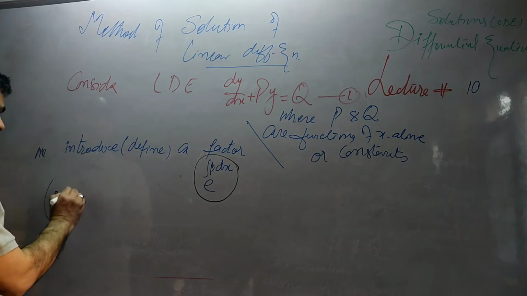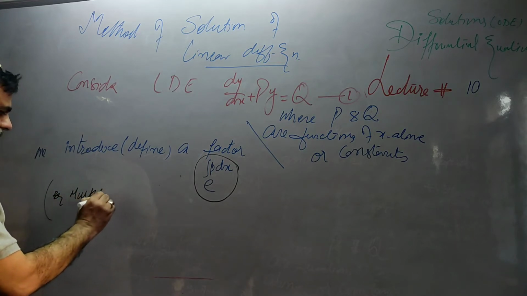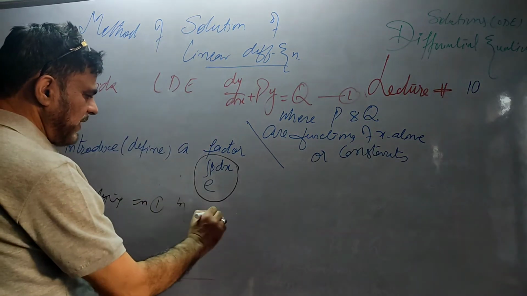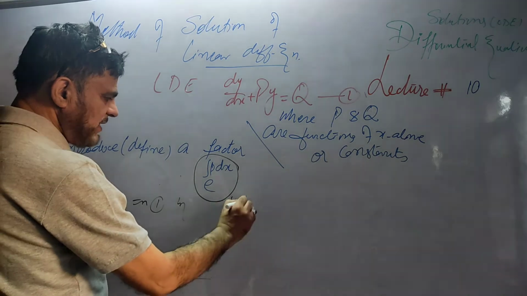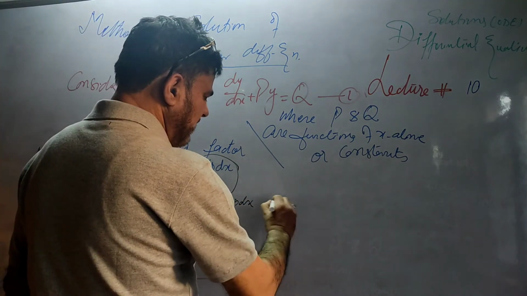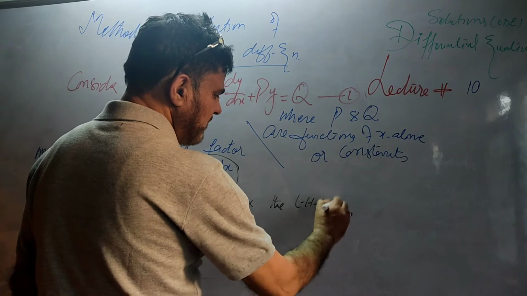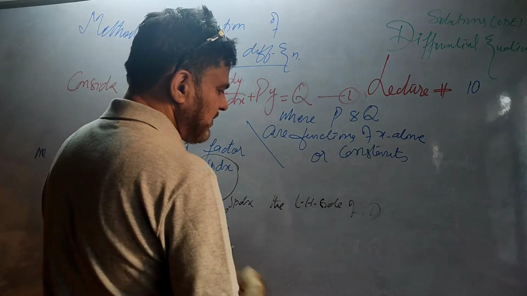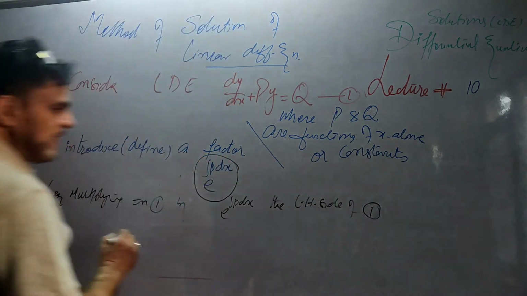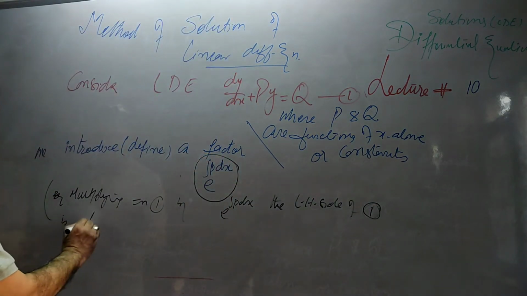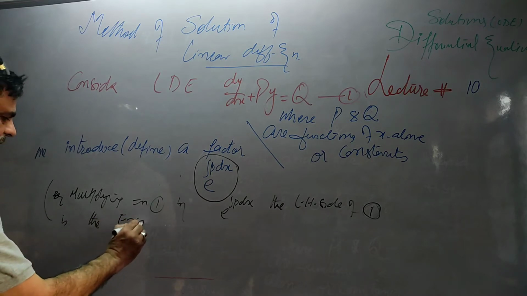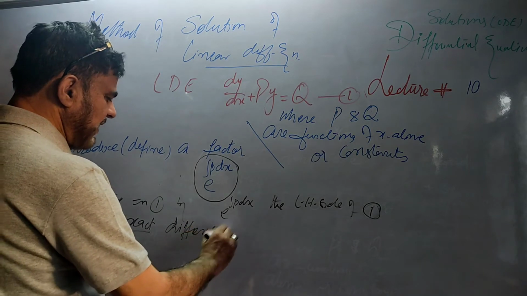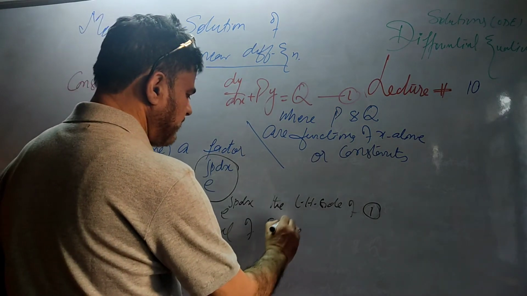By multiplying equation number 1 by this factor e raised to integral of p dx, the left hand side of equation number 1 is the exact differential of some function.